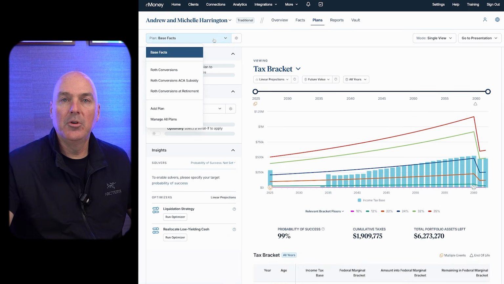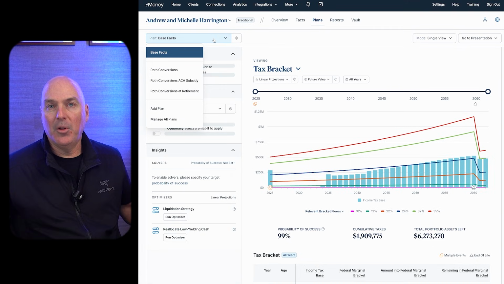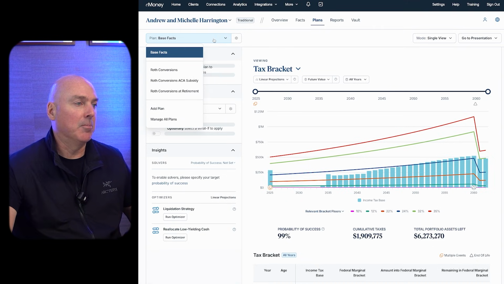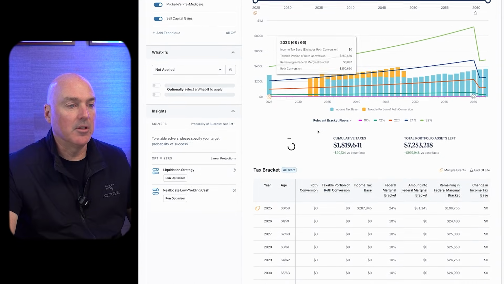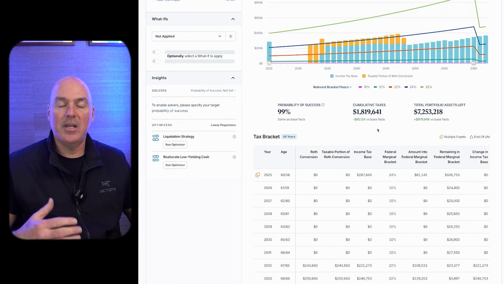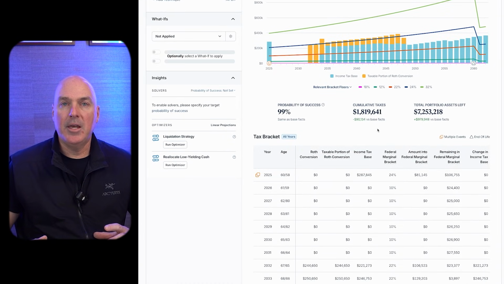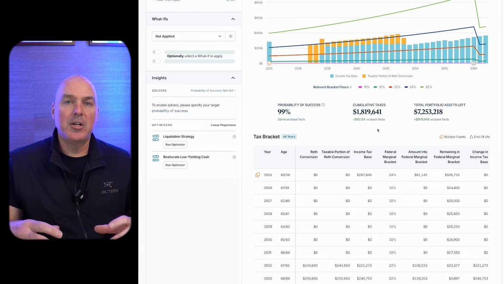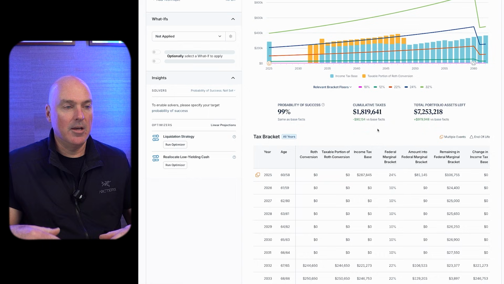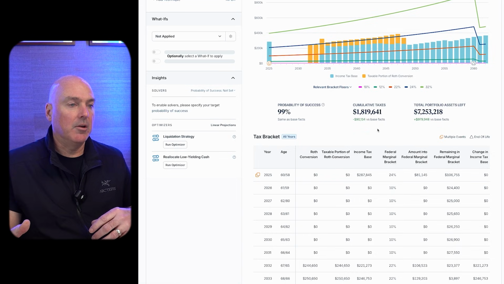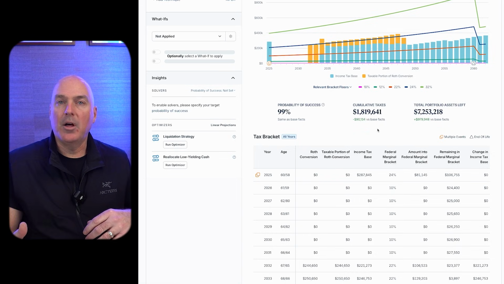And did it improve our long-term portfolio assets over the course of the plan here? And we can see that in fact it does. It saves a little bit of taxes here, $90,000 in tax savings by doing that ACA subsidy strategy to keep that 0% long-term capital gain tax and stay under that $84,500, as well as putting in some Roth conversions.